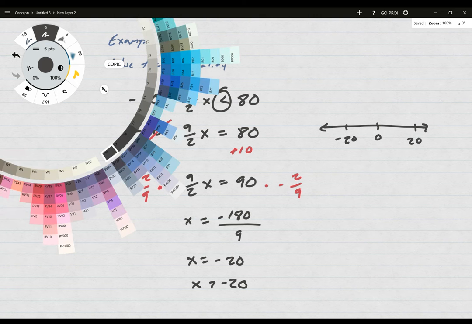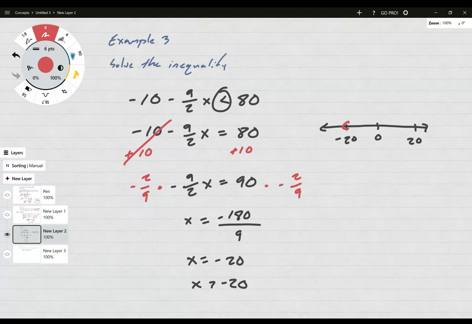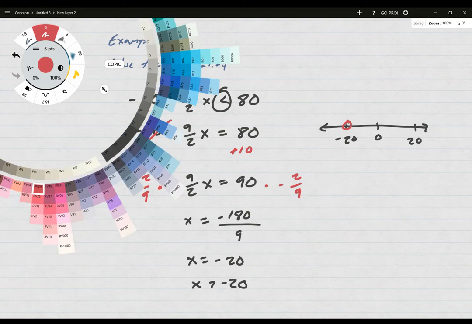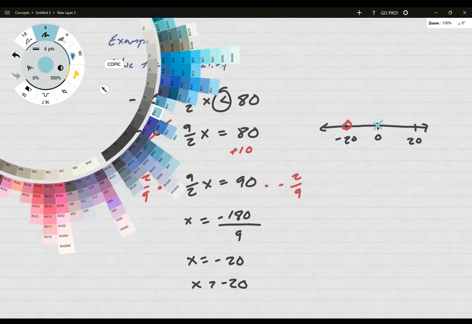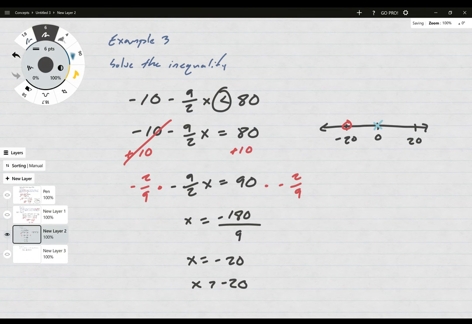It's going to be an open circle because it's not set equal to. So if we want to test that any number greater than negative 20 is true, just test a value. So I'm going to test 0 because that's the easiest one to test. So I'm going to plug in 0 into my original equation.